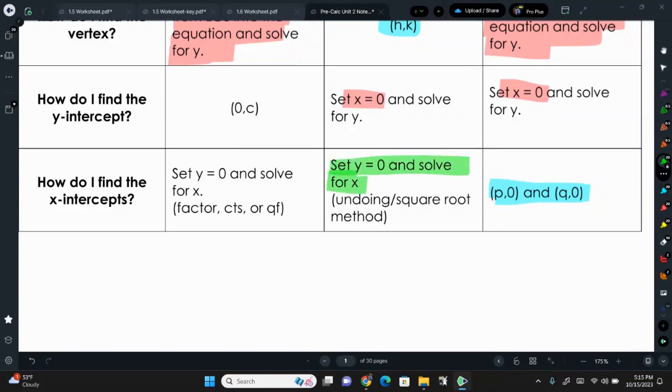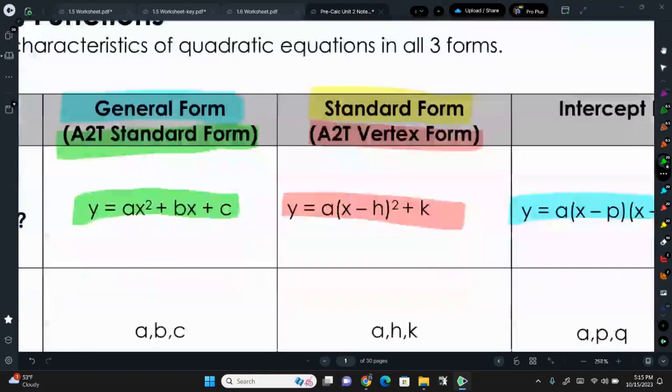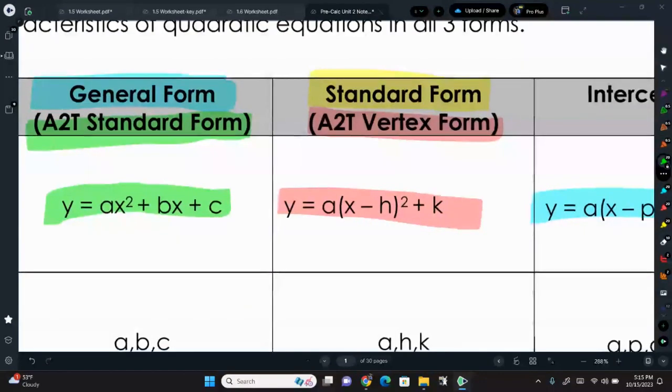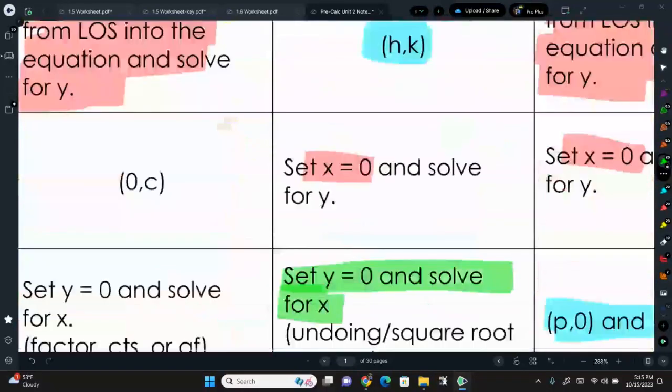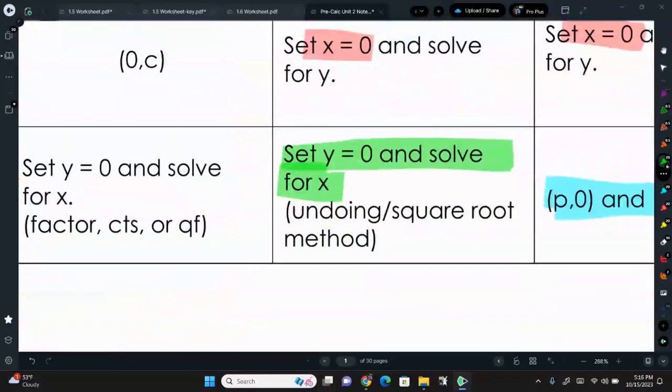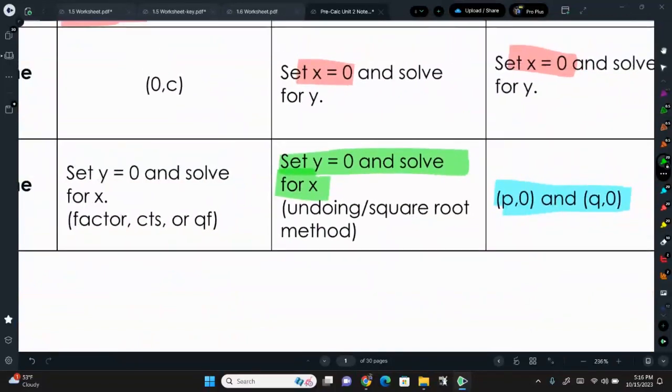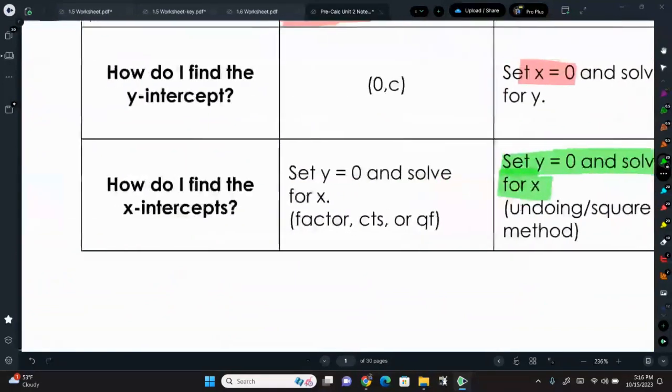Because standard form has the (x minus h) squared part, we can get that parenthesis by itself, and then take the square root of both sides, using the square root method. So standard form isn't that difficult to get the x-intercepts from.